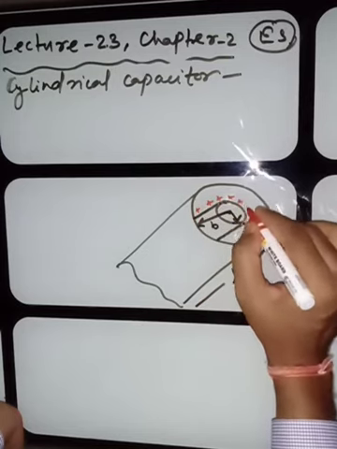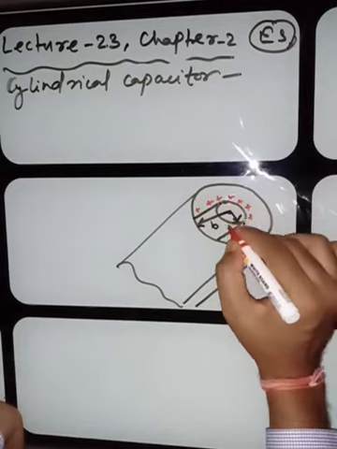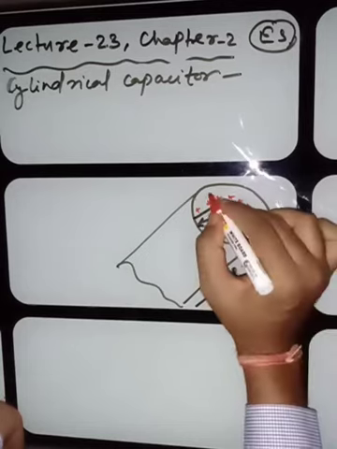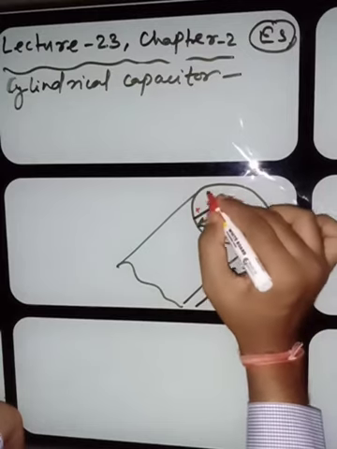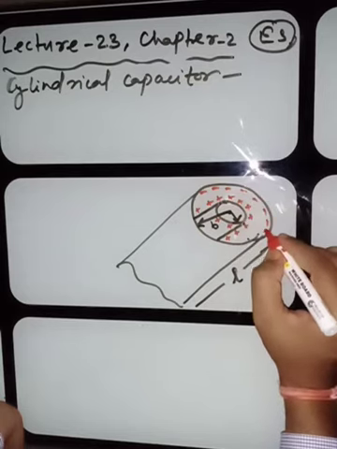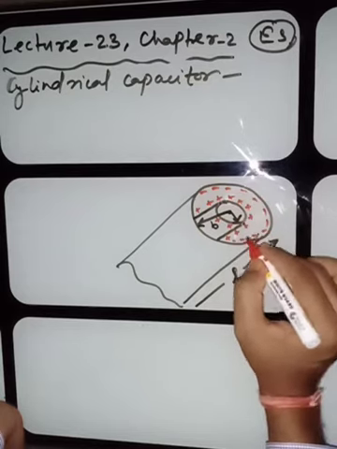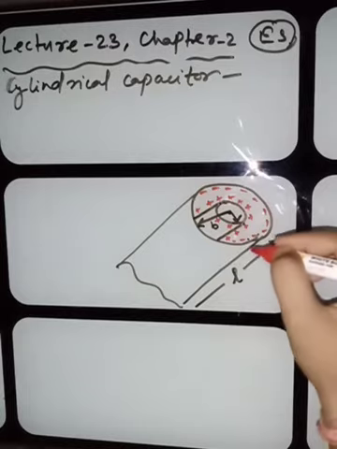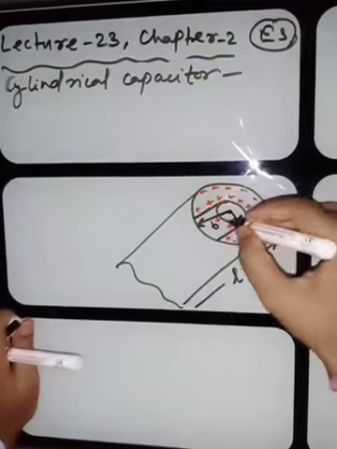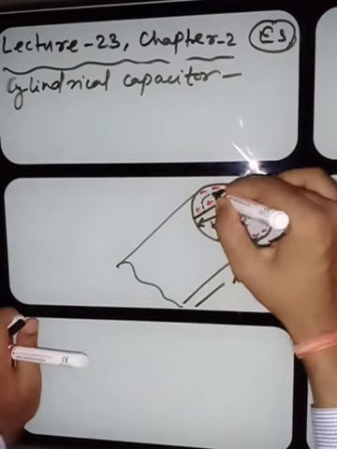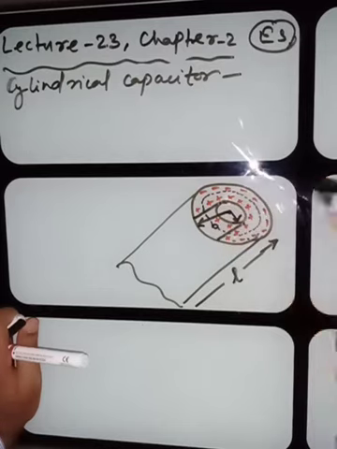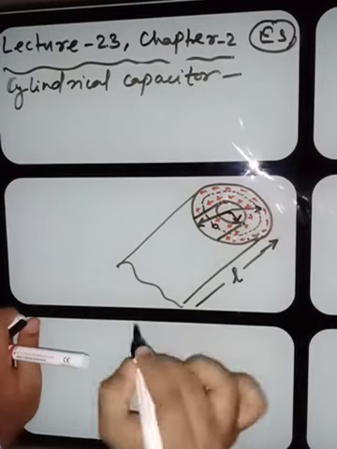We have connected this inner cylinder with the positive terminal of the battery. Over the outer cylinder, a negative charge is deposited. Now we take a Gaussian surface, the dotted one I am using, of radius x.